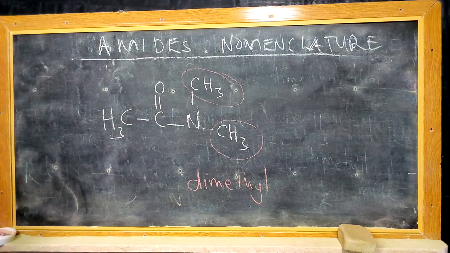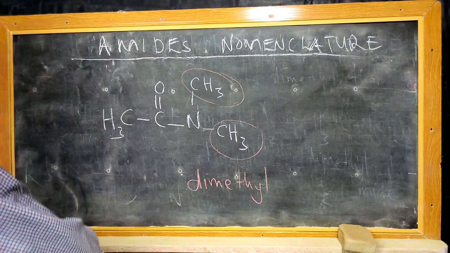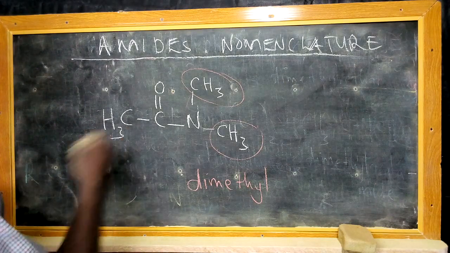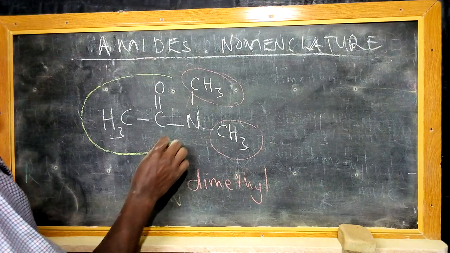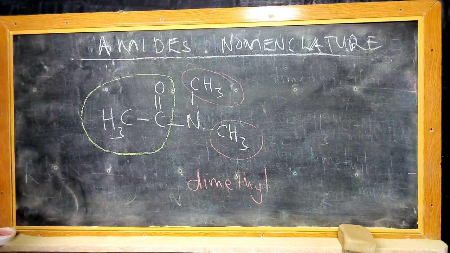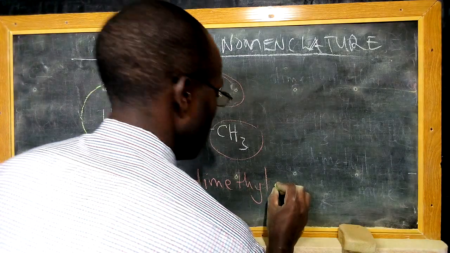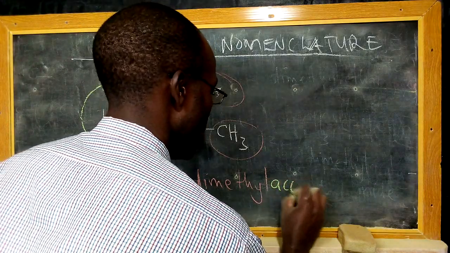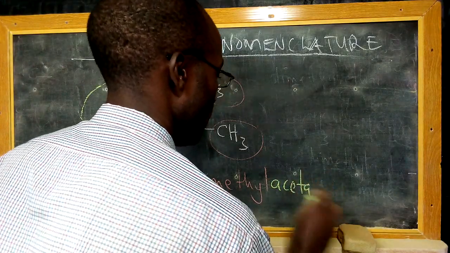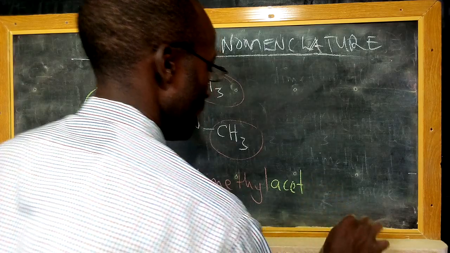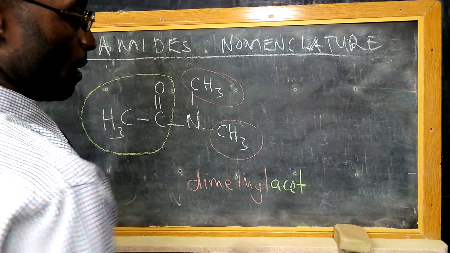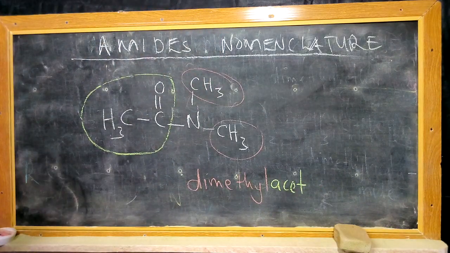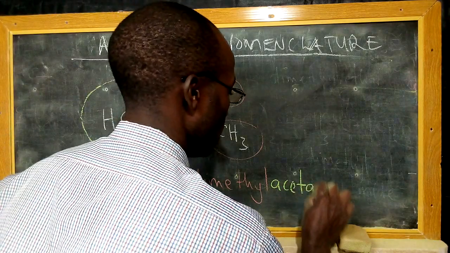And still, the parent name is derived from the organic acid, that is acetic acid. So we write dimethyl acet, and then we write the suffix amide. So it is dimethyl acetamide.